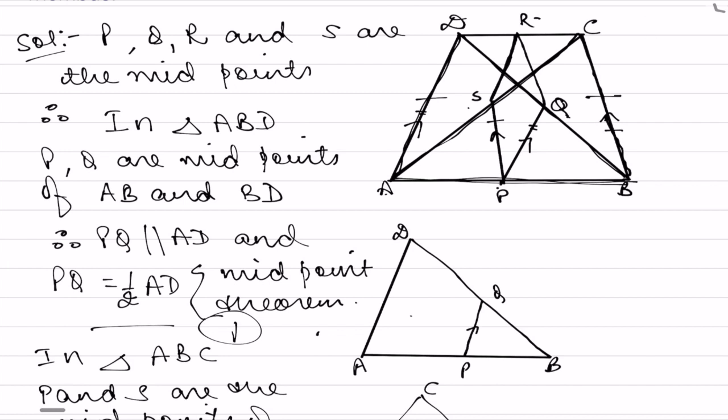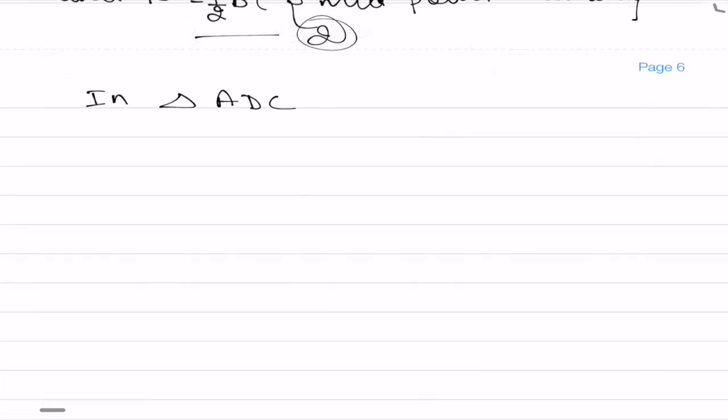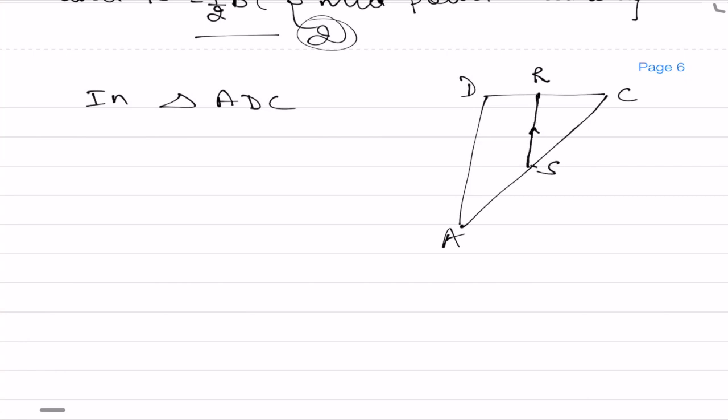Similarly, we can take the other two triangles in which S and R are the midpoints as well as R and Q are the midpoints. So here, in triangle ADC, R is the midpoint of DC and S is the midpoint of AC. So RS is parallel to AD as well as RS is half of AD.